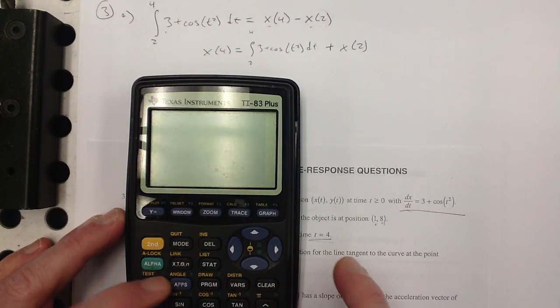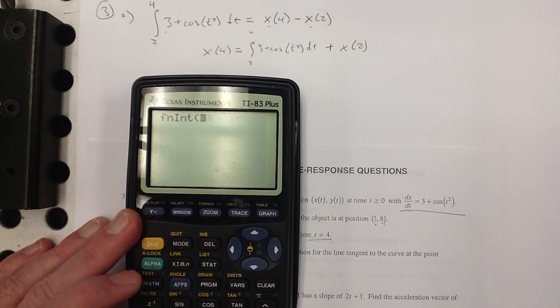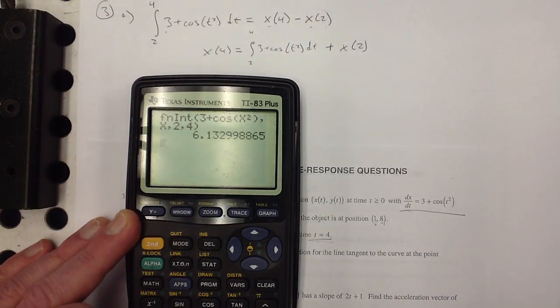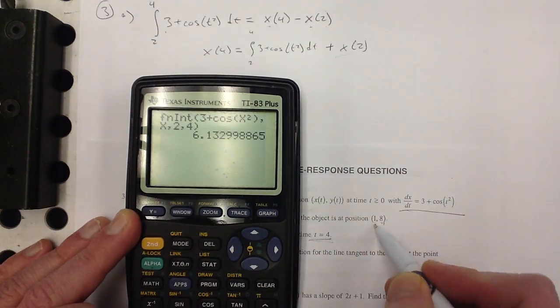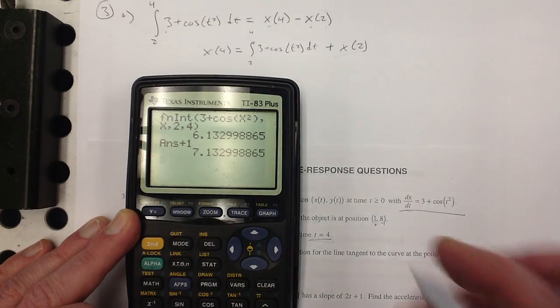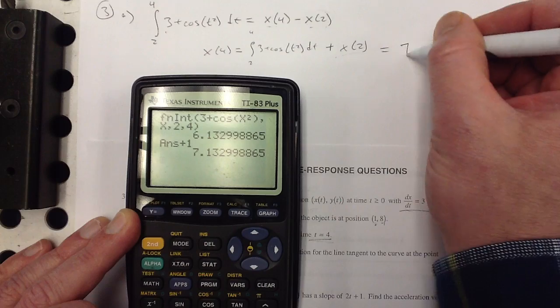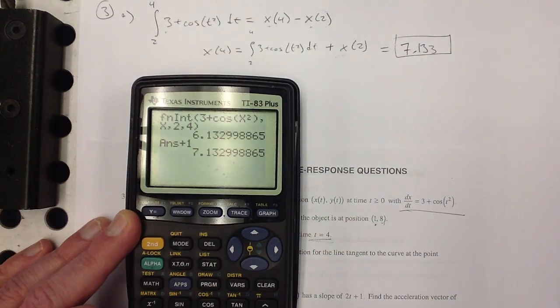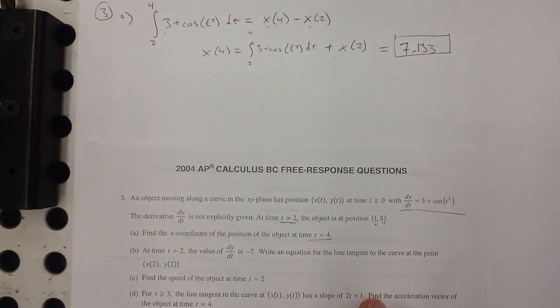So I want to do math 9 fnInt of 3 plus cosine of x squared, comma x, comma 2, comma 4. And then the x coordinate x of 2 is 1, so I'll add 1 to that. Of course, that just makes it a 7, right? So that's 7.133. Great. Getting good at that.